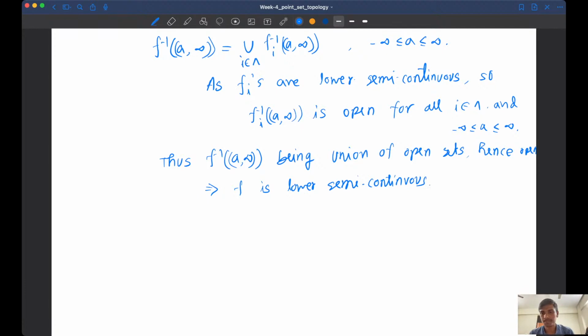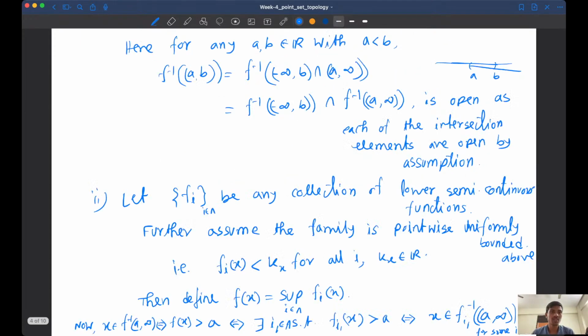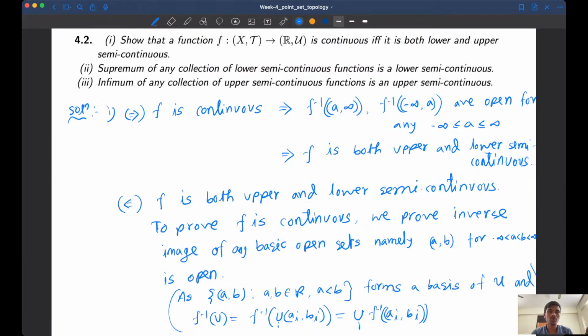Similarly, the third thing: the infimum of any collection of upper semi-continuous functions is upper semi-continuous. Almost the same argument follows.